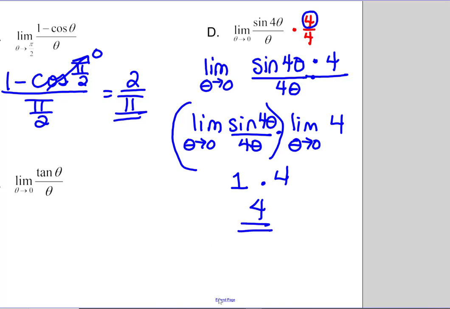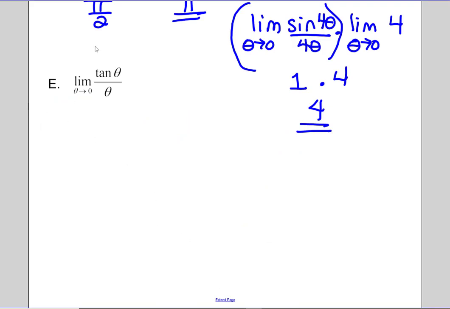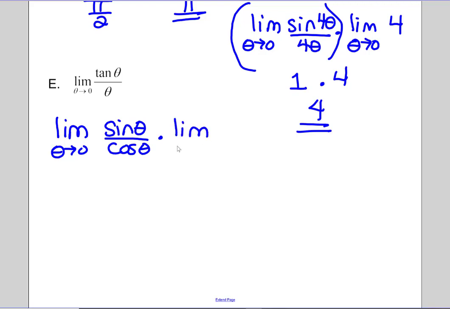And then our very last one, we want to think about those properties, that we can rewrite tangent as sine divided by cosine. So sine of theta over cosine of theta, and then I can also break this apart to be the limit as theta goes to 0 of 1 over theta to get that denominator.